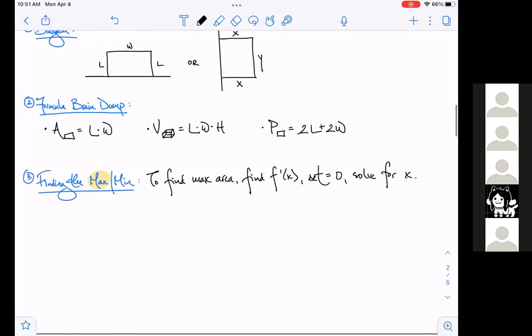All right, that's a procedure that we want to be like, oh, someone said find the maximum area. Here's what I'm going to do in 3 steps. I'm going to find my f prime, I'm going to set it equal to 0, and I'm going to solve for x. Okay, we want that to be a very immediate reaction for us.